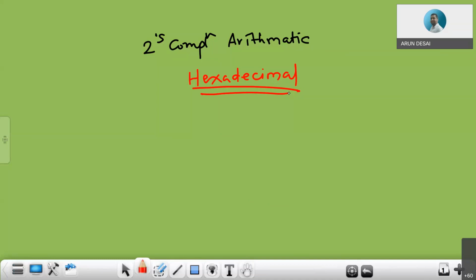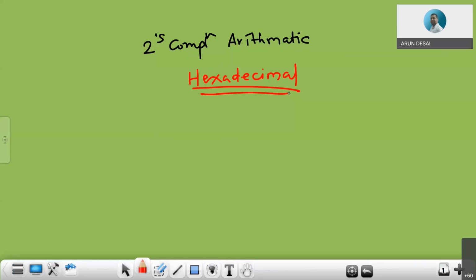And in computer terminology, this is a very important system, right? This number system has huge popularity in computer systems, so you can say it is the most commonly used number system in computers.